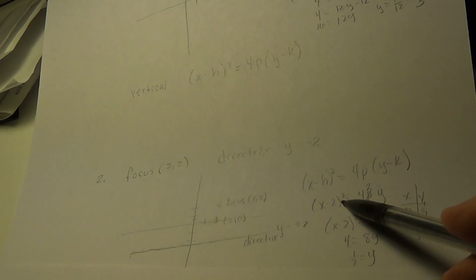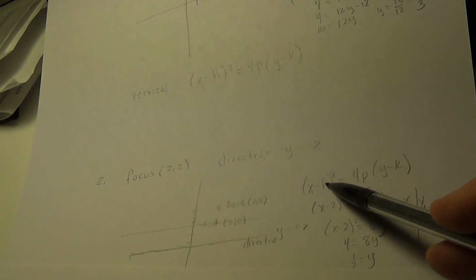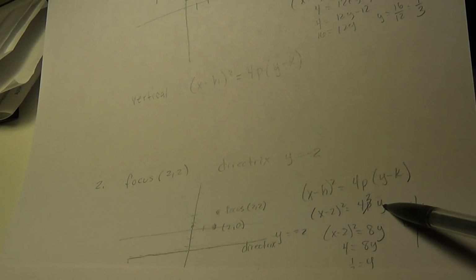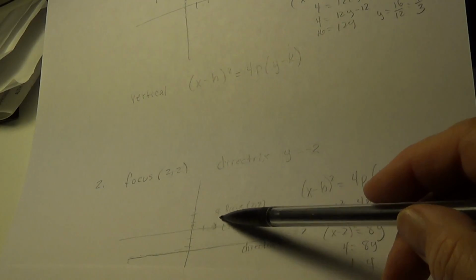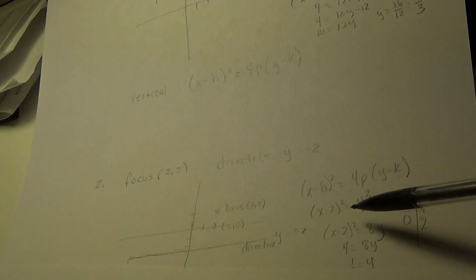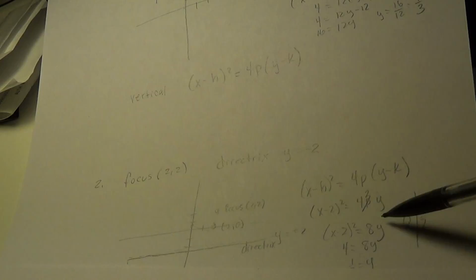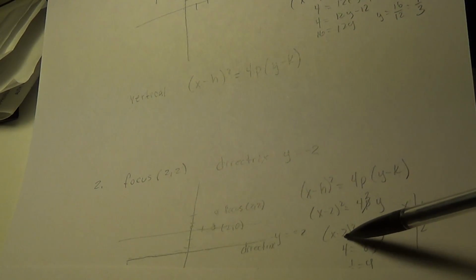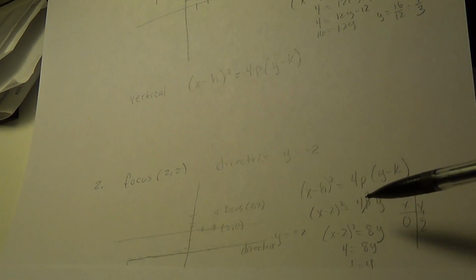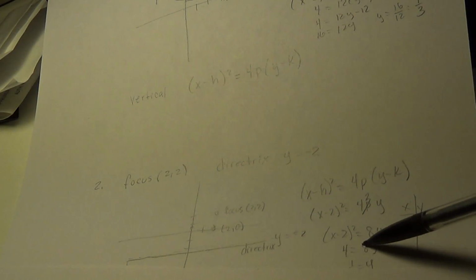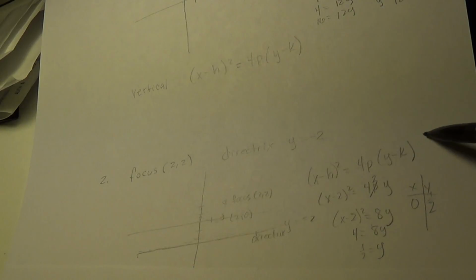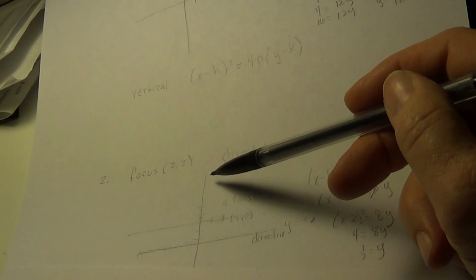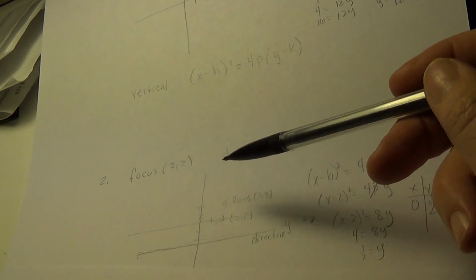The focus was 2, 2, the h quantity went in as minus 2, the vertex is (2, 0). The distance between these two was 2. That makes 8. I put in x equals 0. I get minus 2 quantity squared, which is 4. So 0 over, 1/2 up. Okay, that works.